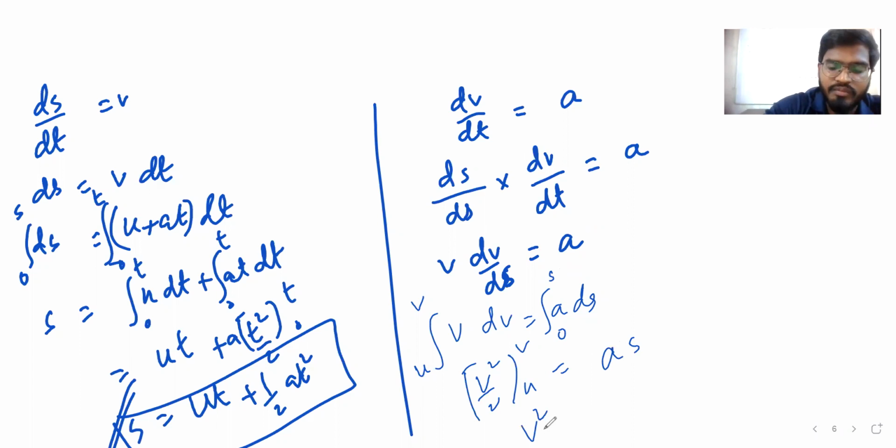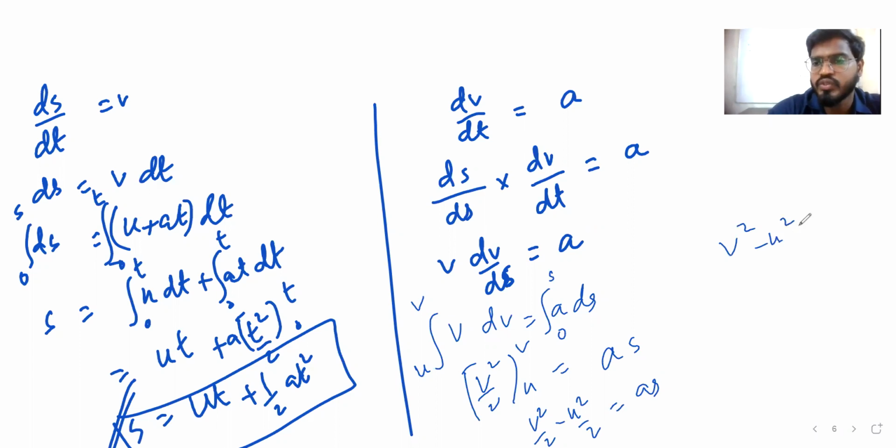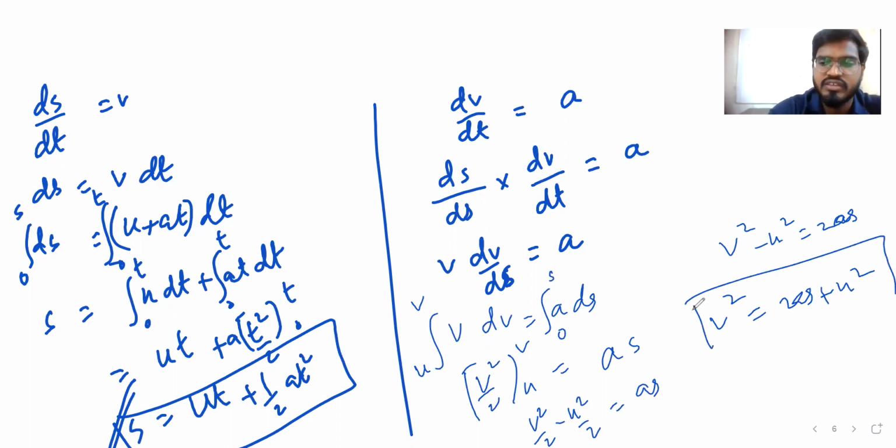Then v square by 2 minus u square by 2 is equal to as. So v square minus u square is equal to 2as. So v square is equal to u square plus 2as.